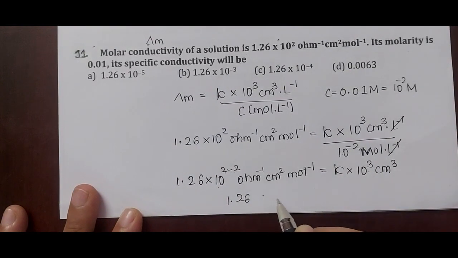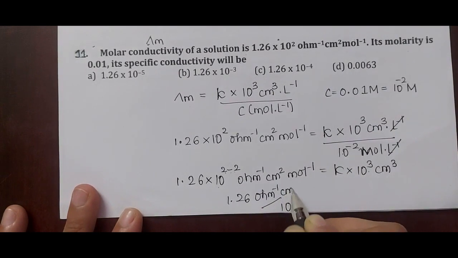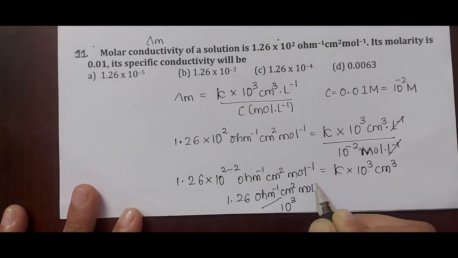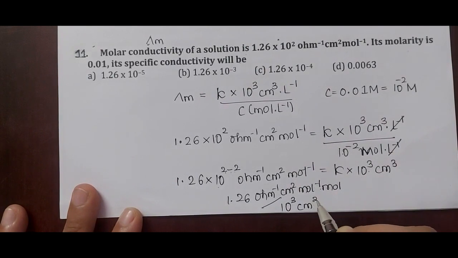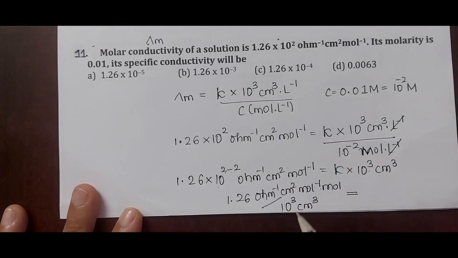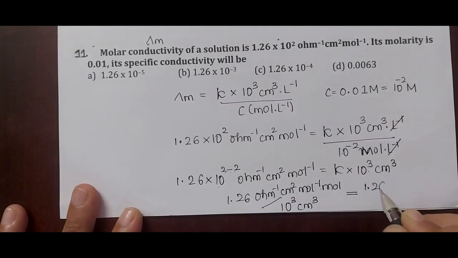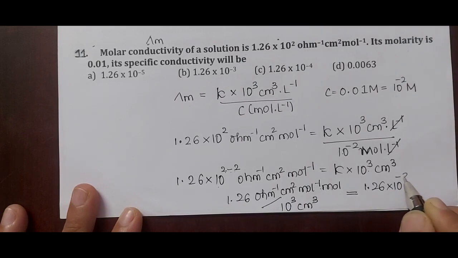So it's nothing but 1.26. If I send it to the other side, you get 10 to the power 3 remaining, with units per ohm centimeter square per mole, and mole goes up, and here it is centimeter cube. If we solve it, centimeter cube goes up, and you get 1.26 into 10 to the power minus 3 per ohm.